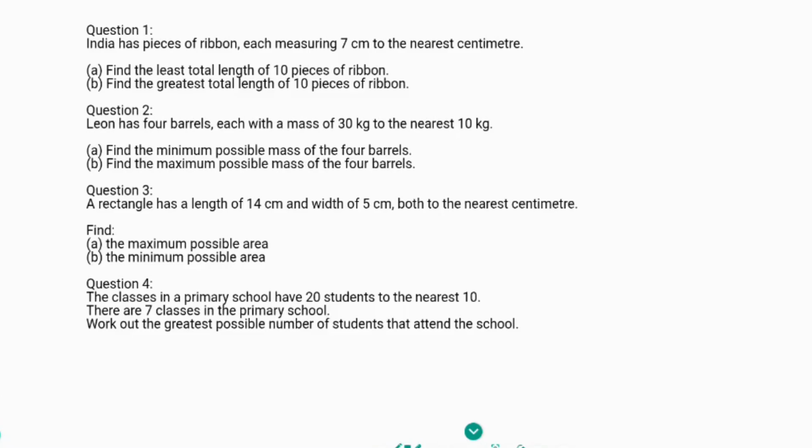So for this ribbon question, your lower bound is 6.5, upper bound 7.5. Least total length of 10 pieces, 6.5 times 10, which is 65. Greatest would be 7.5 times 10, 75.